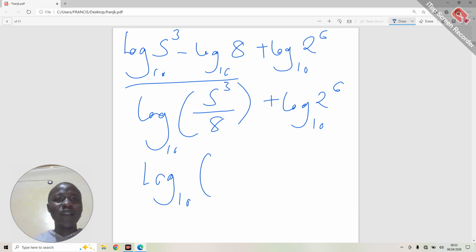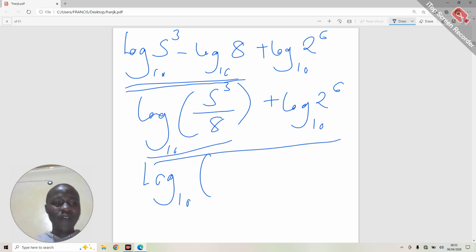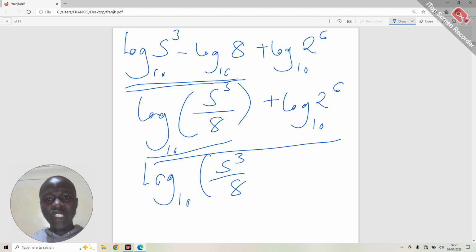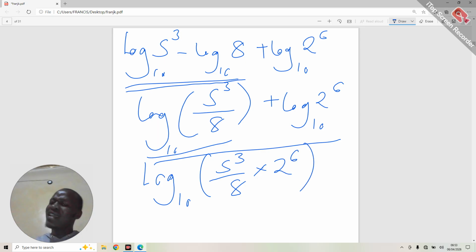So he first of all tackles these two, combining 2 logs, then later to have this, and later to join it with that other part to have again another log combining 2 logs. Then applies the whole procedure to have 5 power 3 all over 8 multiplied by, now because that is a multiplication sign, multiplied by 2 power 6.